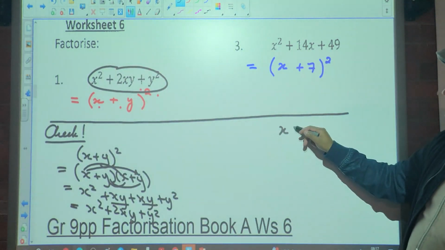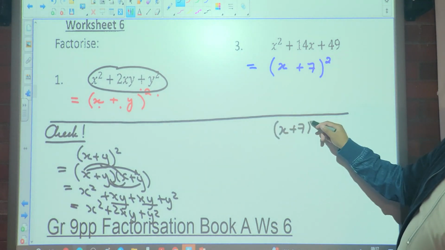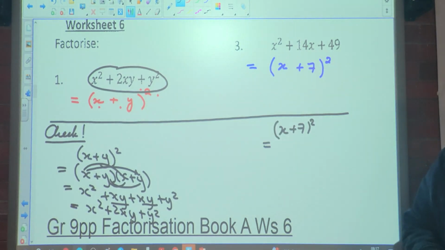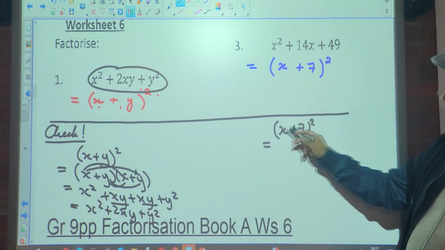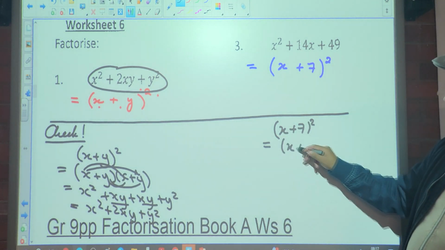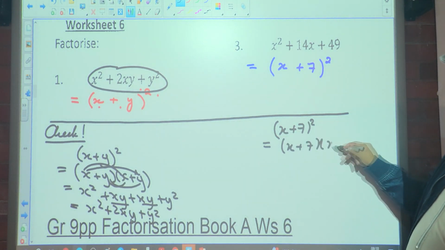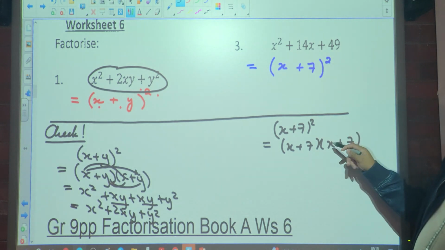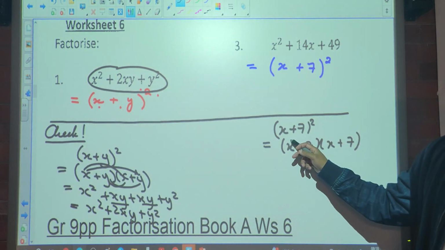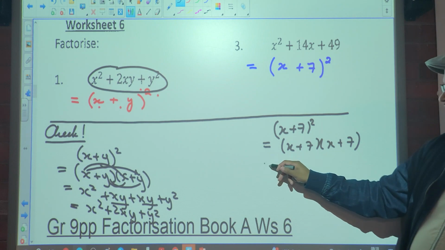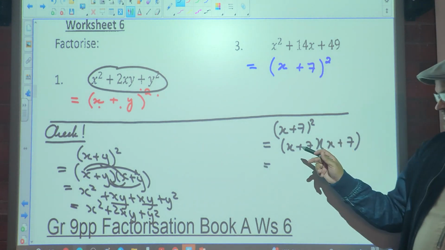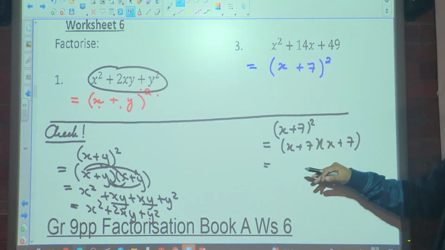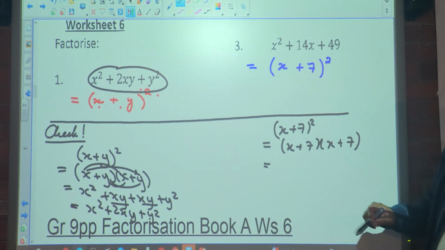We got x plus 7 all squared, and the question is to simplify. So I write this out twice. Did I teach you the binomial square method? Have I taught you? Okay, so once I've explained this, I will do the binomial square method as well.